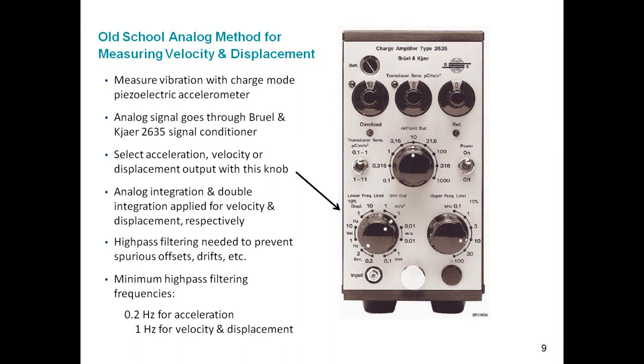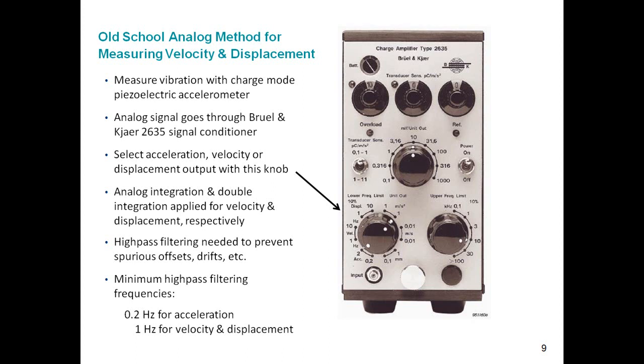So what this charge amplifier / signal conditioner will do, depending on that knob setting, is either an analog integration to velocity or an analog double integration to get displacement. So the resulting output signal would have volts proportional to either acceleration, velocity, or displacement, depending on the setting of the various knobs there.